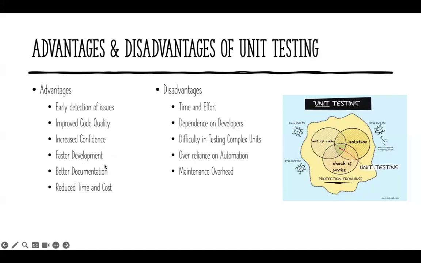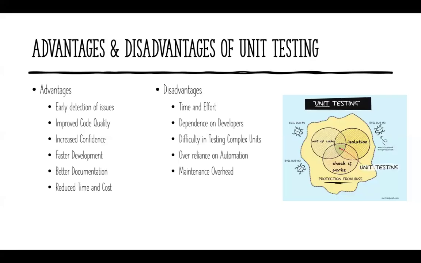It can also lead to faster development. Unit testing enables developers to work faster and more efficiently, and they can validate changes to the code without having to wait for the full system to be tested. Unit testing can also lead to better documentation.